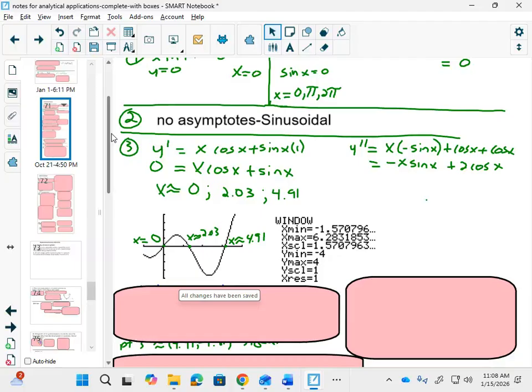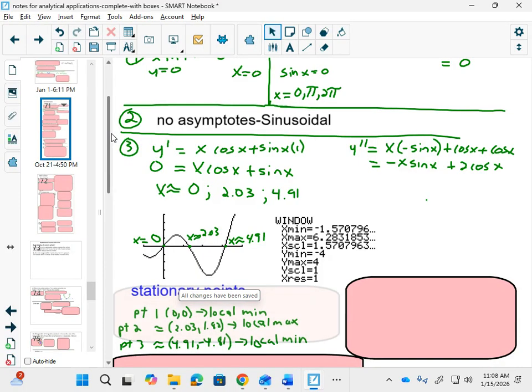So here I've graphed the derivative and found my x-intercepts. You could have also just taken your original graph and looked for stationary points, maximums and minimums. You would get those same values. Now if you plug those values back into your original equation, then you would get the actual points.